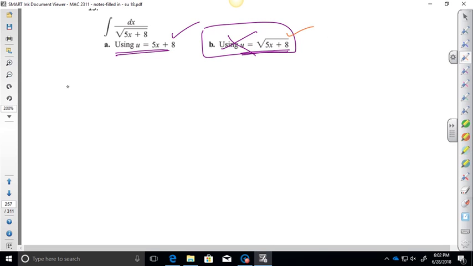So here our function is 5x plus 8 to the negative 1/2 dx. So what's going to be u? U equals 5x plus 8. What's du?